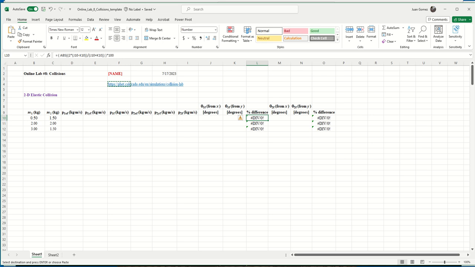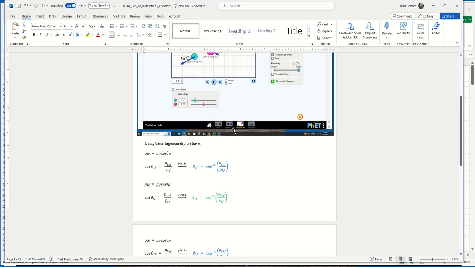Well, how does that work? Well, remember that basic trig, I'll start with M1. Remember, we have M1 and M2. P1 x final, that's the final x momentum of M1. Well, P1 x final is just P1 final cosine theta 1 final. Well, that means that cosine theta 1 final is simply P1 x final over P1 f.